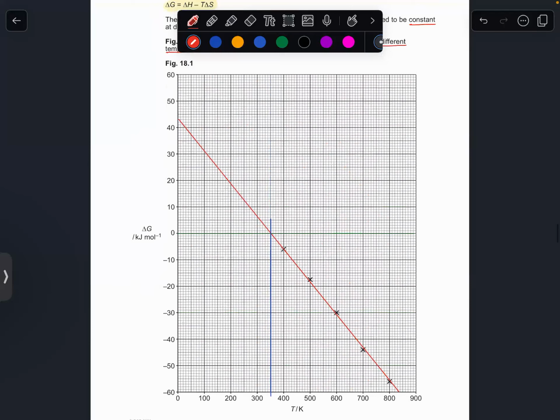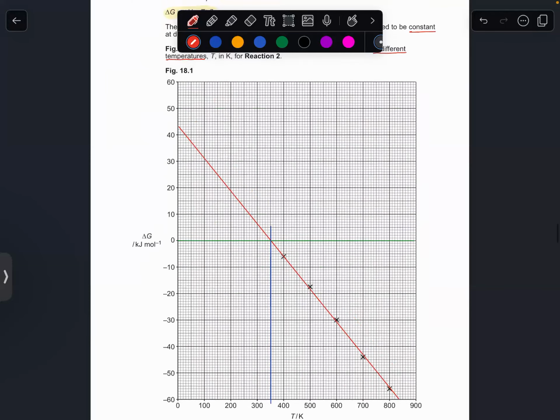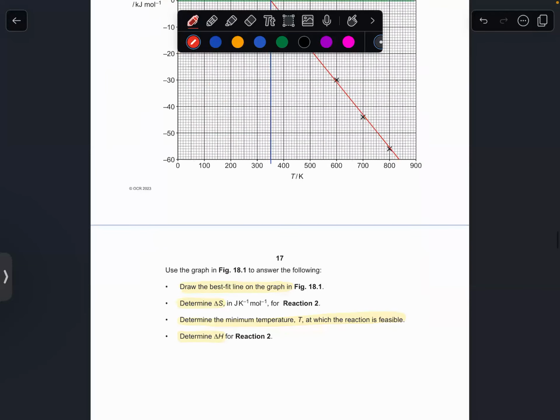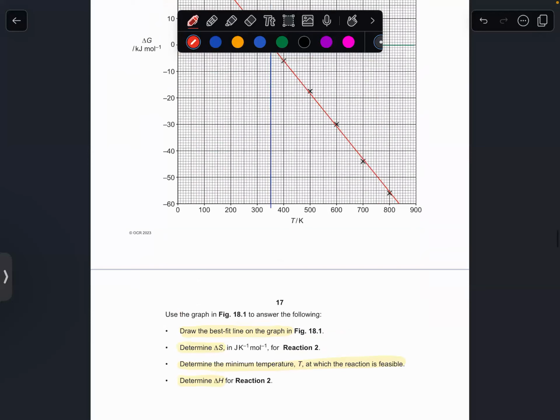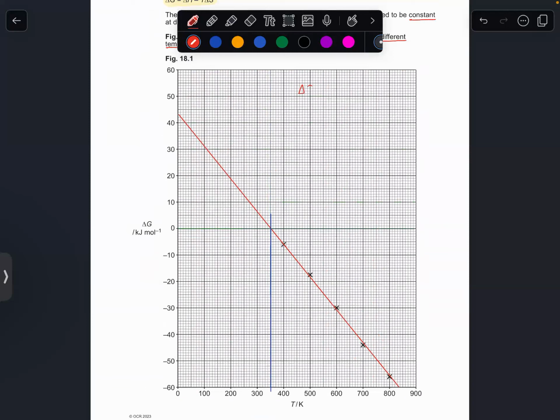If you draw these lines of best fit in red, it wants us to determine the minimum temperature at which this is feasible. The minimum temperature at which this is feasible is when delta G is equal to 0.